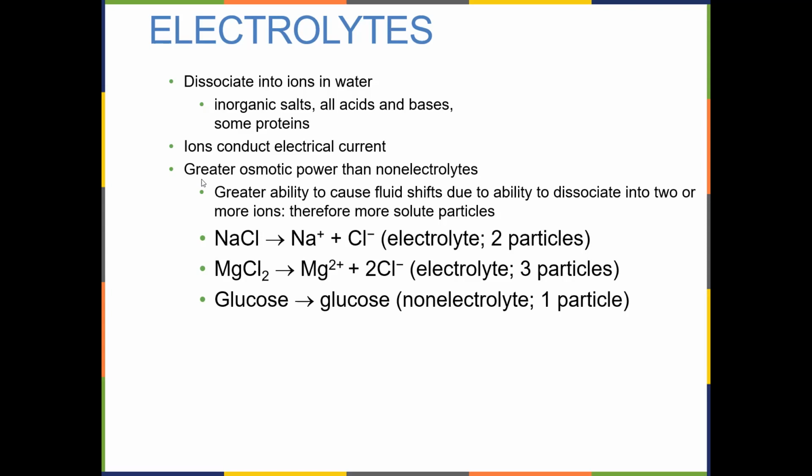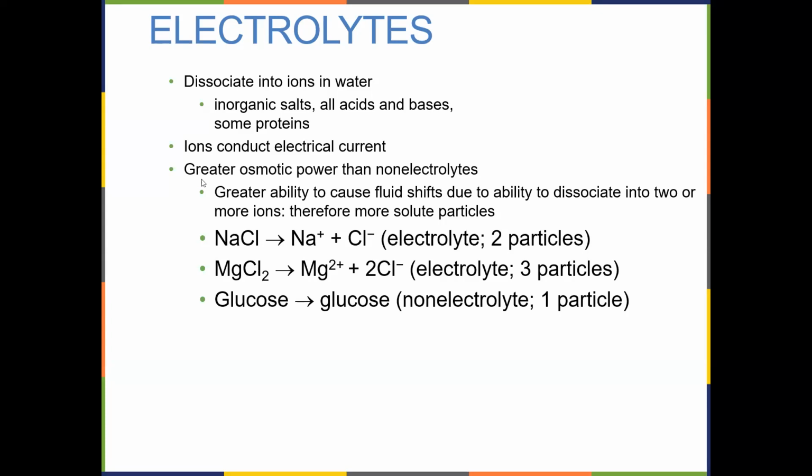Now, why do electrolytes have greater osmotic power? Because when they go into solution, they dissociate into two particles: sodium chloride, a sodium ion and a chlorine ion; magnesium chloride, a magnesium ion and two chlorine ions. That gives us three particles. The osmotic pressure in a solution doesn't care what they are.